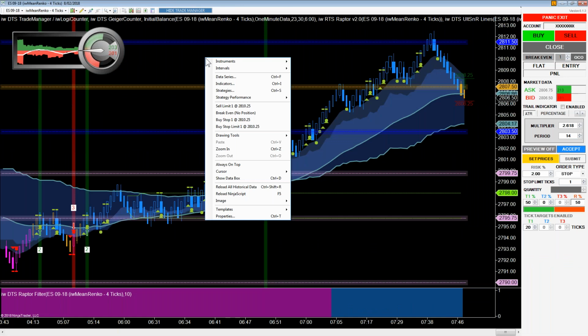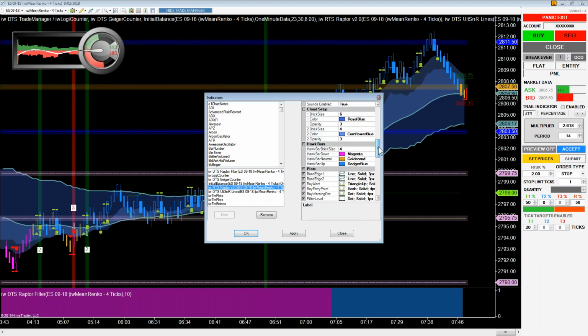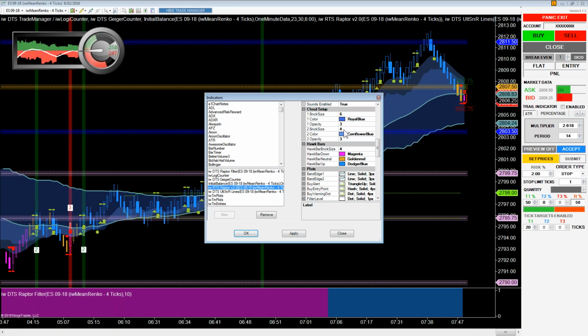Here is the relationship, folks, between your clouds and your brick size. You can make a note of this. Let's start with the fast cloud. Your fast cloud is equal to your brick size. Your slow cloud is 1.5 times your brick size.